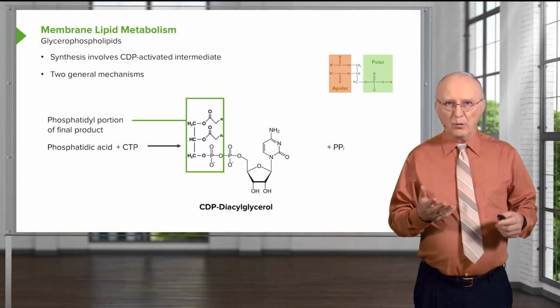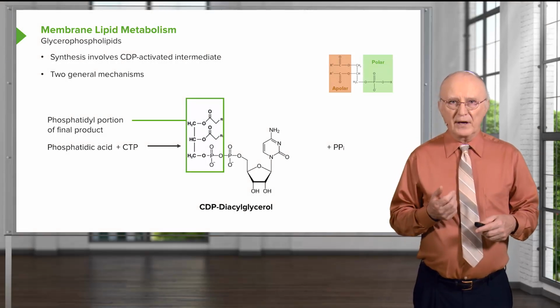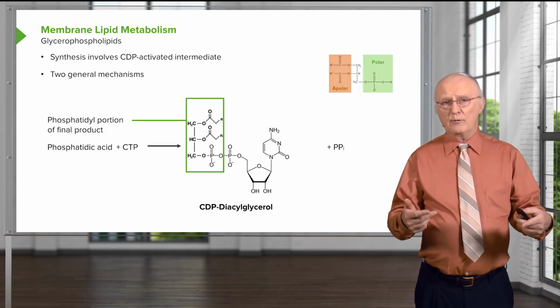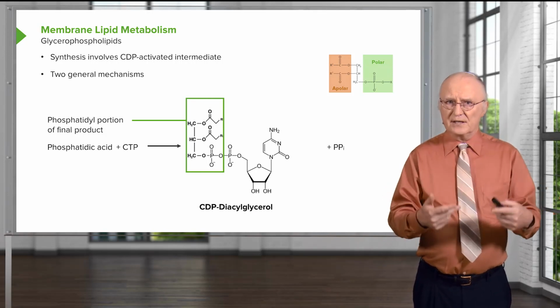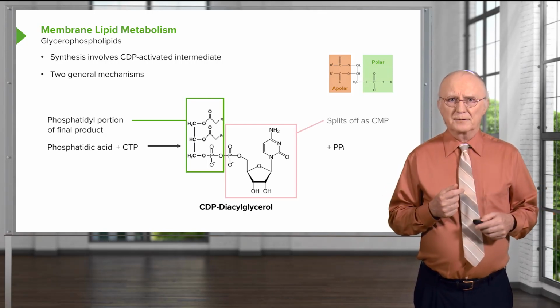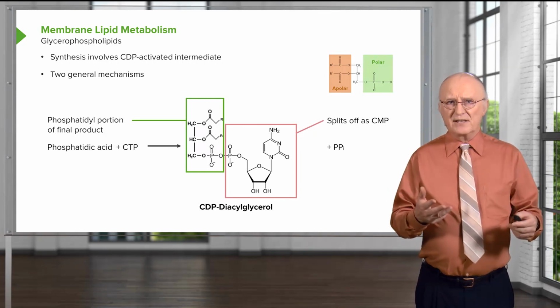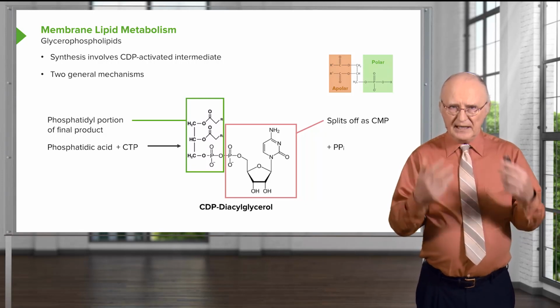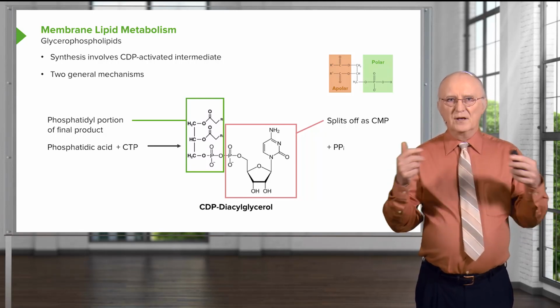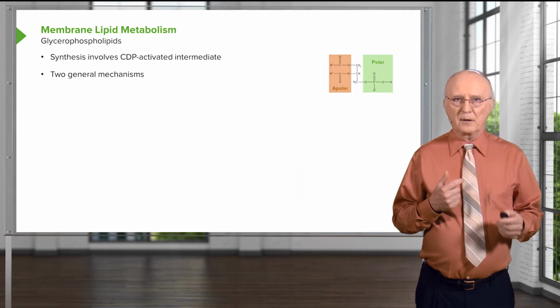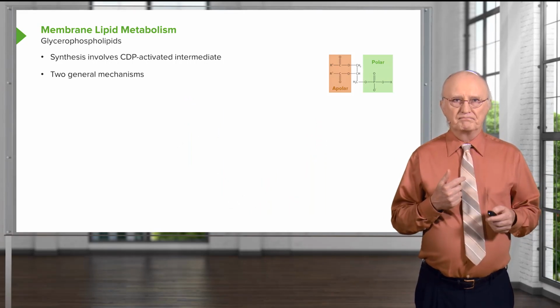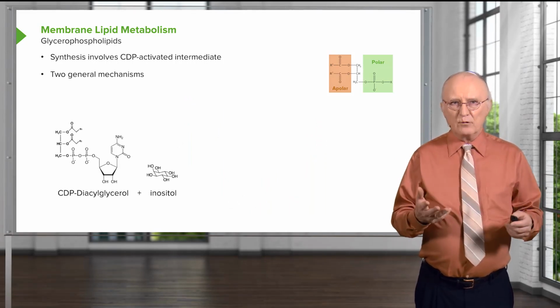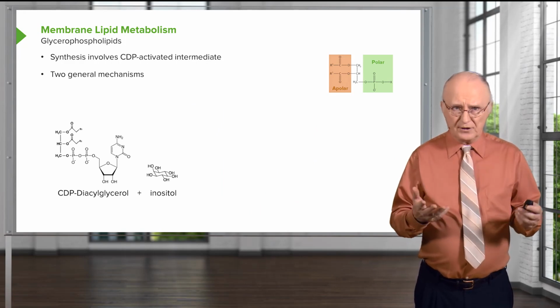Now, the phosphatidyl portion is shown here again for your orientation because that's the part that will be carried forward into the synthesis of the phosphatidyl compound. The CDP splits off not as CDP, but rather as CMP. So it leaves behind one of its phosphates to the phosphatidyl compound. We can see a reaction here, for example, with inositol.